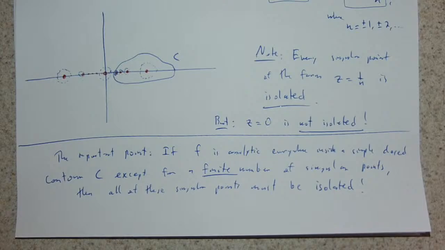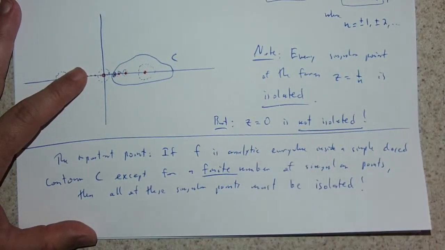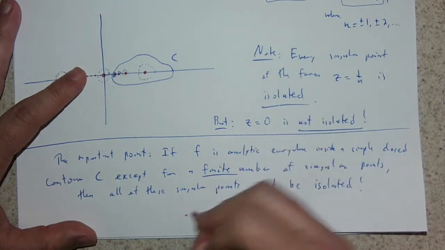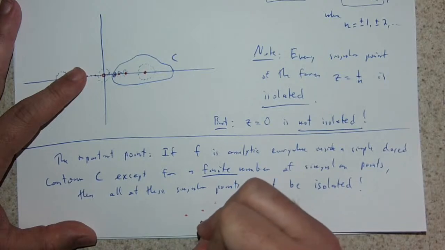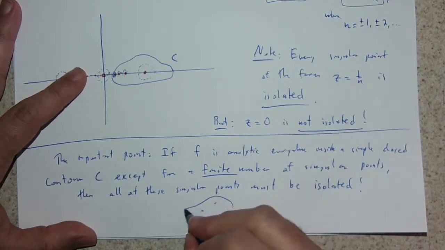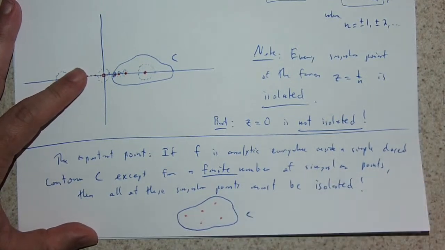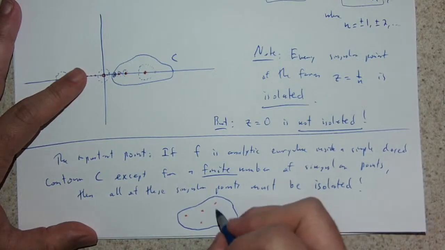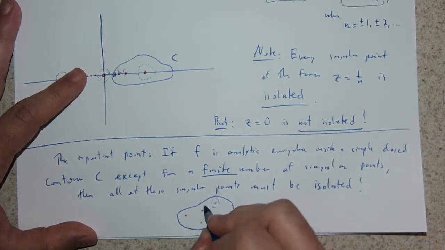If you don't believe that this is the case, here's a quick picture. Imagine that I have some singular points for a function, but there's finitely many of them inside of some curve. The idea here is that I can come up with some radius for these deleted neighborhoods.